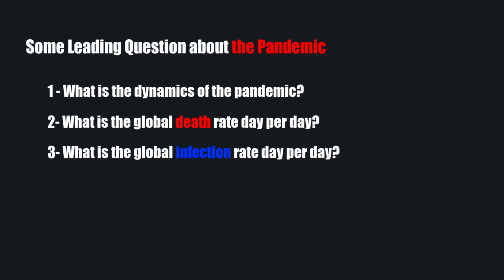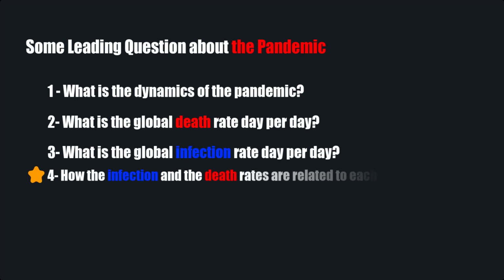But basically what we want to see is how this number is changing with time every day. Let's say the number of deaths changing day by day. Then you have the number of infections. And finally, we will try to relate those two rates.